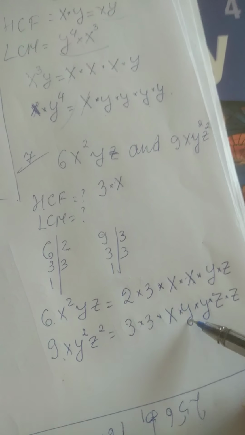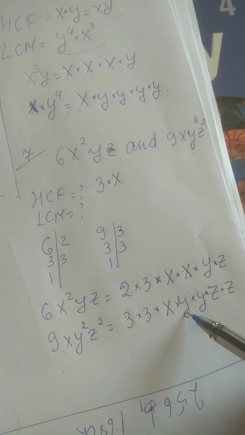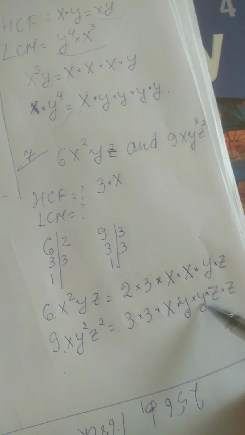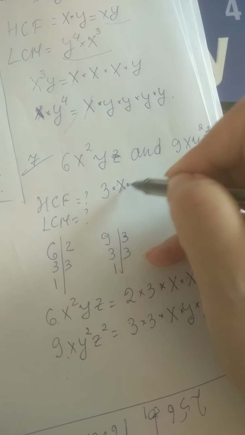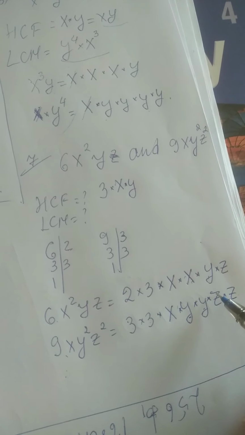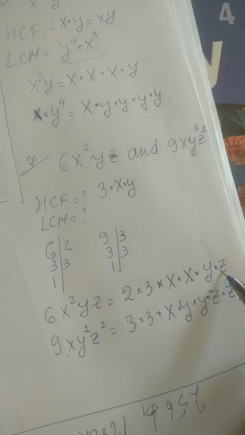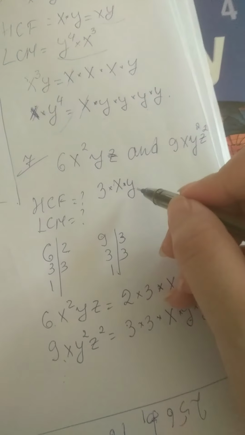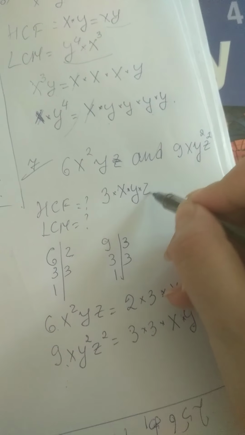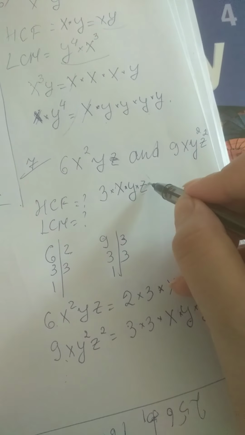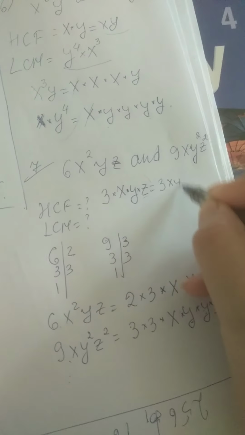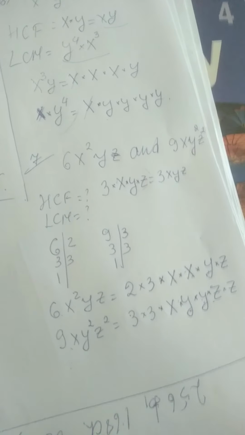X and y, different factors, we don't need. y and y, oh, it's the same. So we should take y. Then z and z, again the same factors. So we need to choose. So the answer is what? 3x, y, and z. That's it.